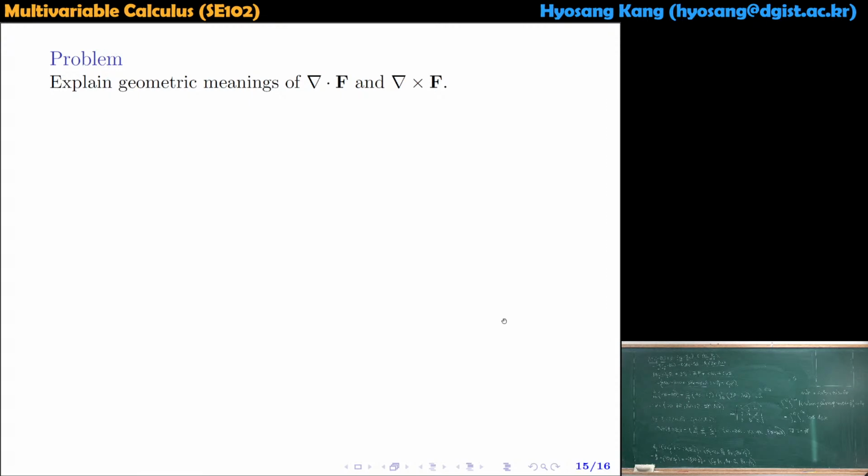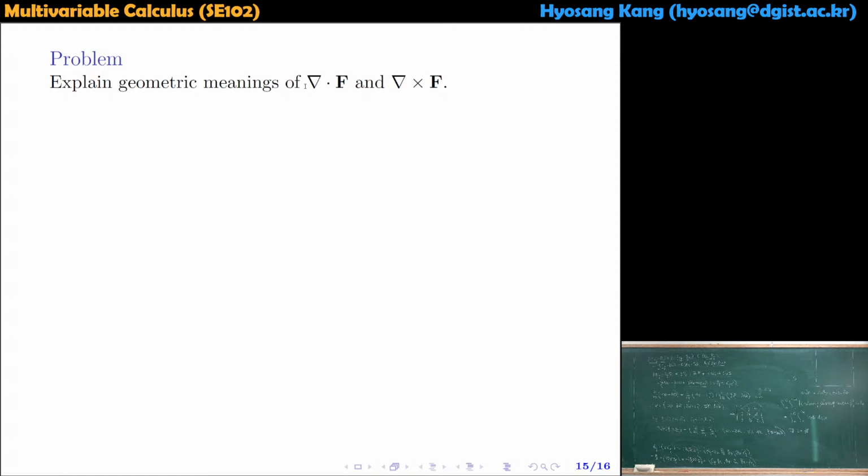Okay, so the second problem, we actually explained in the previous class. So divergence, let me re-say that in words. Divergence measures the amount of expanded area or volume per original volume. So it's not the absolute amount of increment, but the increment over the size of the original area or volume.